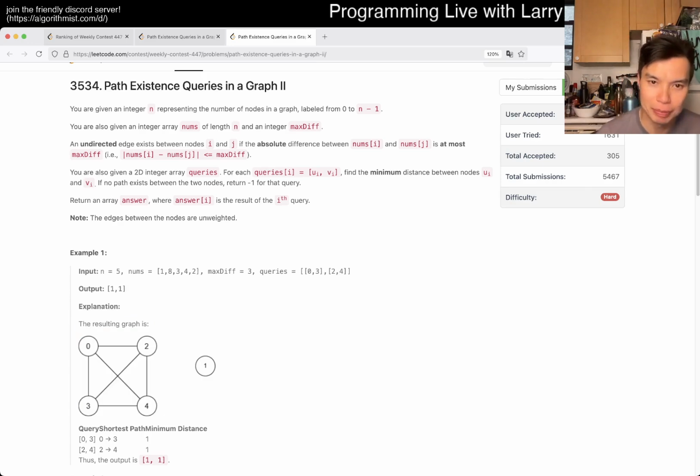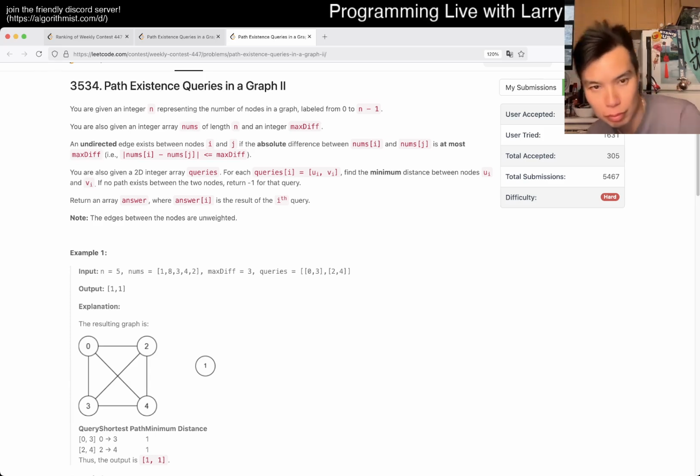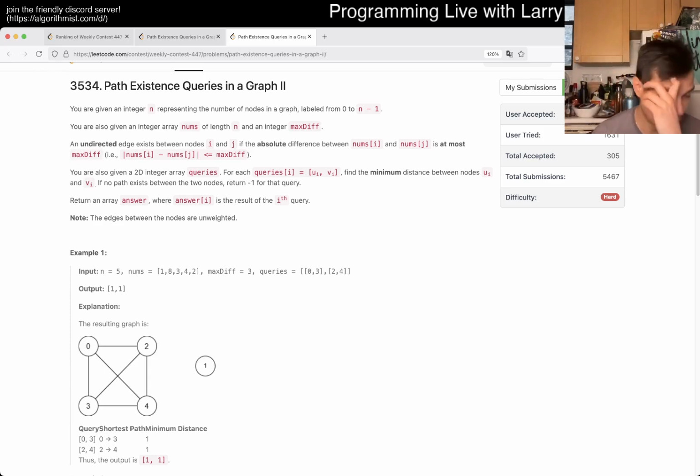I'm just talking to myself. So what does that mean? Okay, so the connected part is actually pretty straightforward. Then it's just about the distance part.